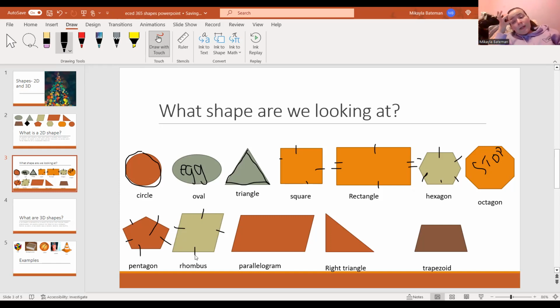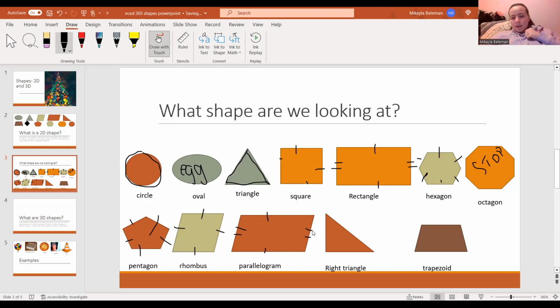And next you have a parallelogram, which is kind of like a shifted rectangle. The opposing sides are going to be equivalent to each other in length, and also, kind of like a rhombus, the sides are not going to run into each other. They're parallel.